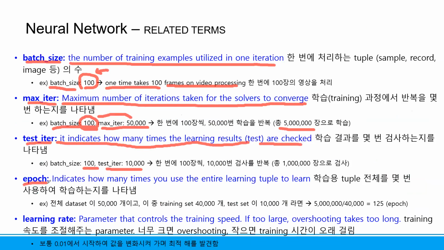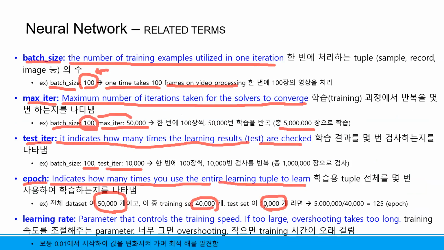Epoch indicates how many times you use the entire learning tuple to learn. Let's say I have 50,000 data and I'm using 40,000 for the training and 10,000 for the testing.